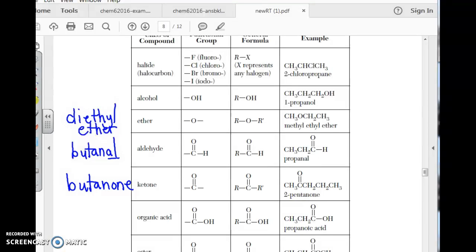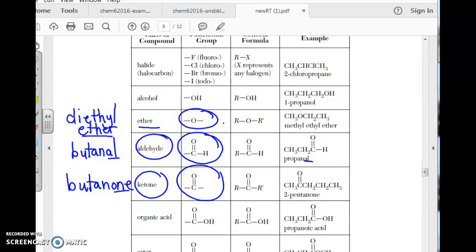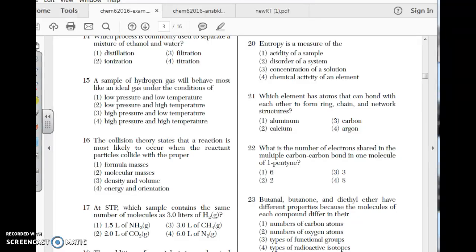If you end in -al, you're an aldehyde, and you have this functional group. If you're an ether, you have this functional group. If you are -one, you are a ketone, and you have this functional group. Different functional groups mean different physical and chemical properties. I think I got cut off there. We said different functional groups mean different physical and chemical properties.